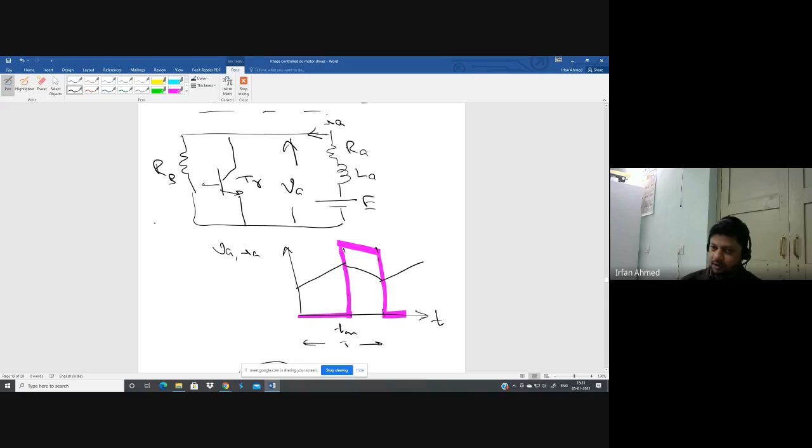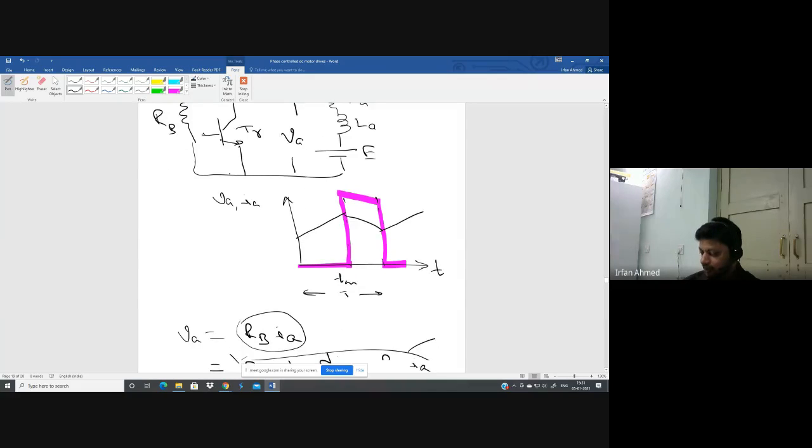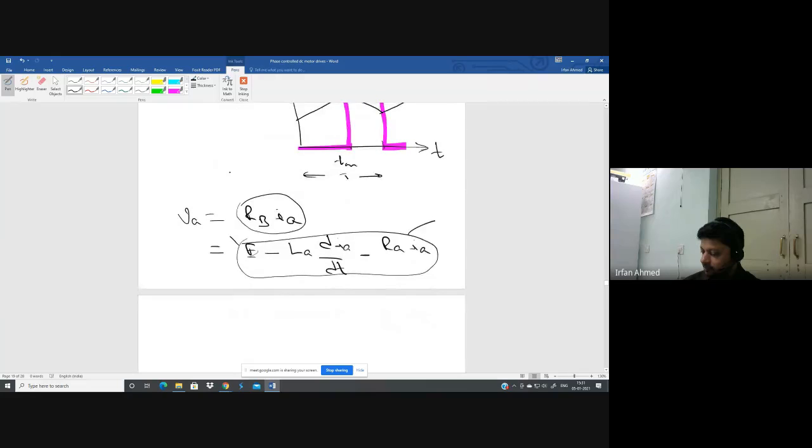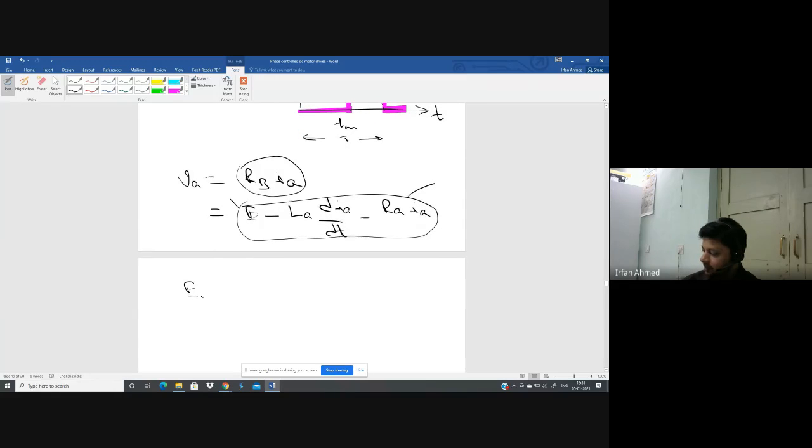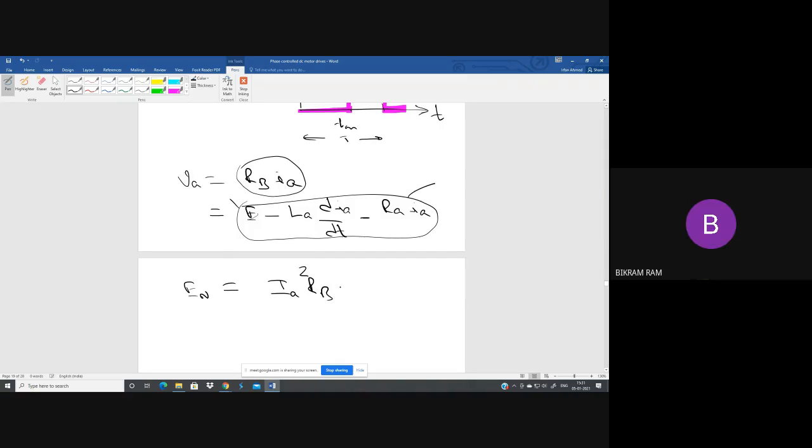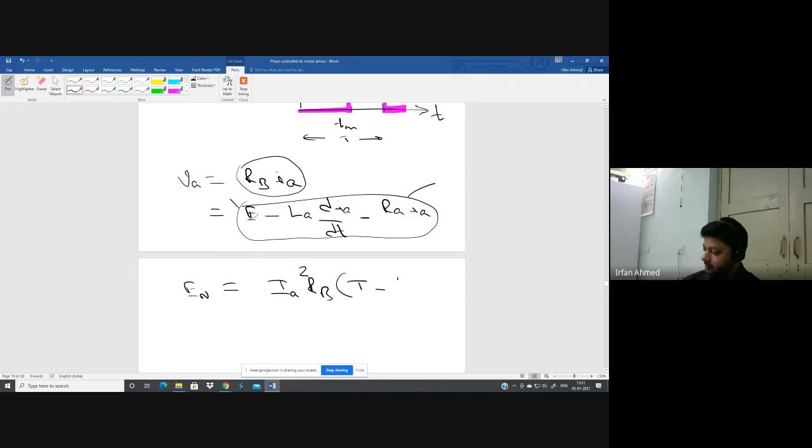Now, if you assume for the time being that the armature current is constant, there are no ripples in the armature current, then what is the energy consumed by RB, the braking resistance, during a cycle of chopper operation? How much energy will be consumed? Energy consumed by RB will be equal to IA square into RB multiplied by T minus T on.